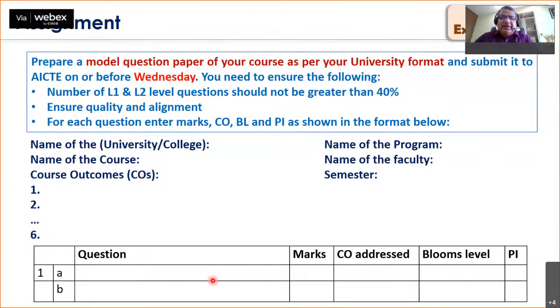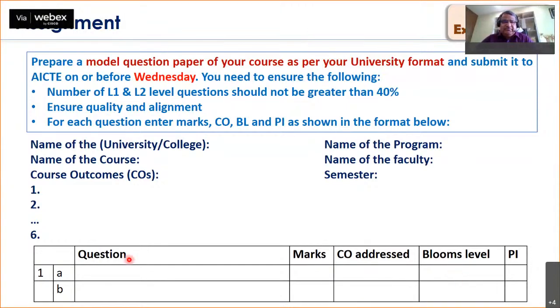Okay, and now when you prepare the model question paper, this is for a fixed hour exam. When you type a question here and allocate marks, 5 or 10, there should be only one unique number, CO1 or CO2. Don't write CO1 comma CO2. If you want to do that, then make question number 1A for CO1, question number 1B for CO2. Another guideline, don't write L1, L2 here only.